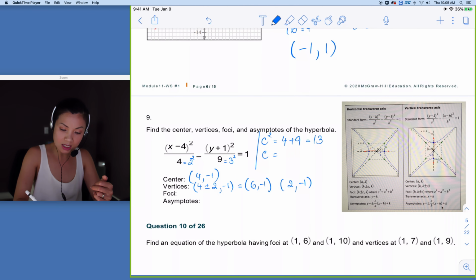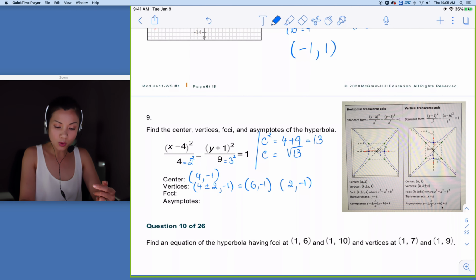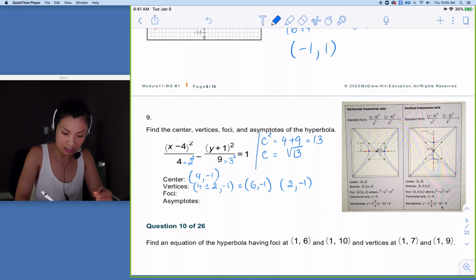So c is going to be square root of 13. Okay, so we have h plus and minus c. I can't really simplify, so I'm just going to have to write down the whole thing. So I have 4 plus square root of 13, negative 1, and 4 minus square root of 13, negative 1.